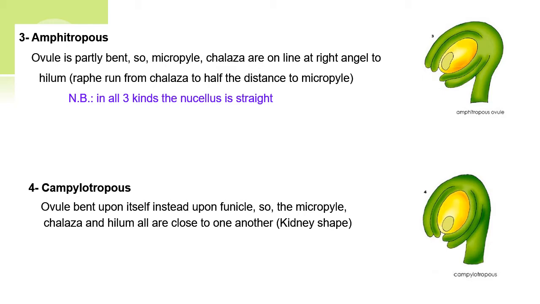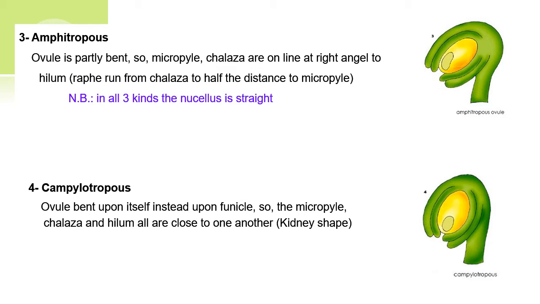Amphitropous, in which the ovule is partly bent on the funicle, so micropyle and chalaza are in one line at a right angle to the hilum. It is partially bent with the funicle, so that there is a small raphe, micropyle, chalaza, and here is the hilum, a straight line perpendicular, or at a right angle, with the hilum.